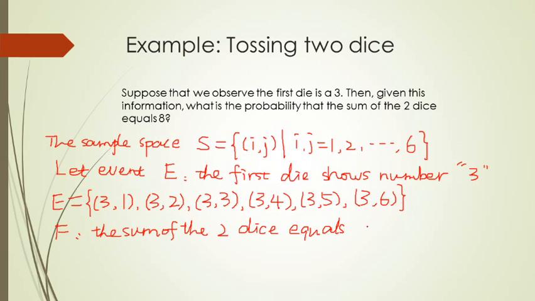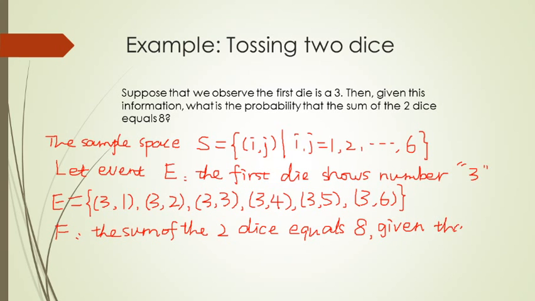And we know there are several ones, right? Several ones like 2,6, 3,5, 4,4. They all equal 8. But here we know that the first die is 3.